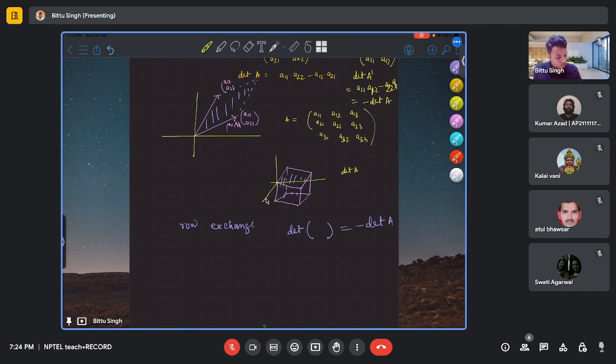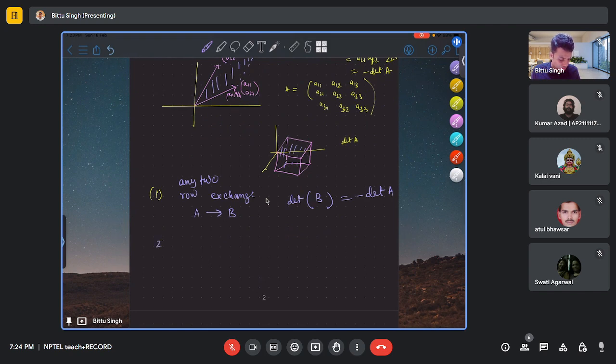If you exchange any two rows, the magnitude of the determinant is the same, but the sign is different. So if A changes to B, then the determinant of B is minus the determinant of A.